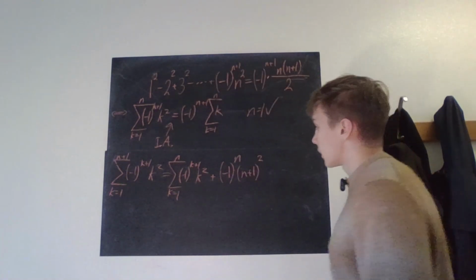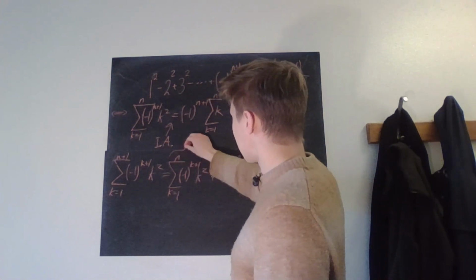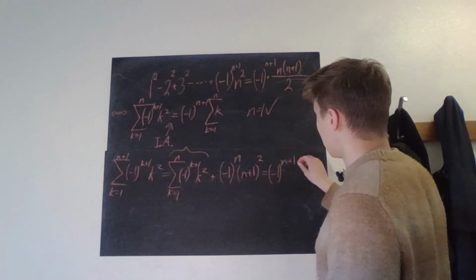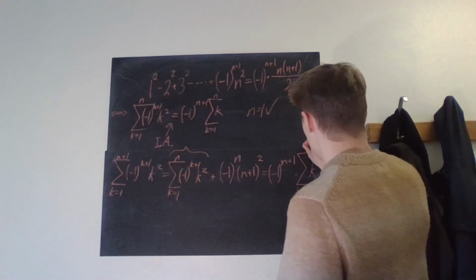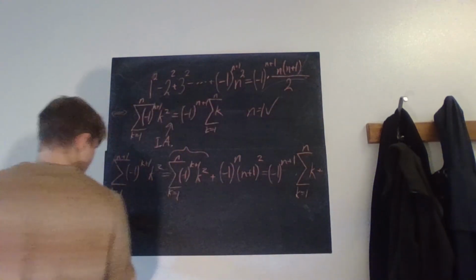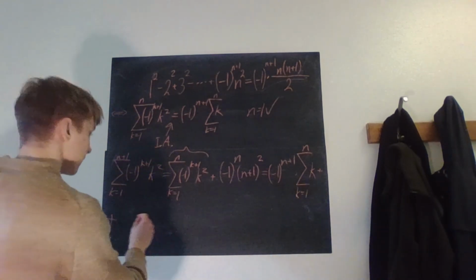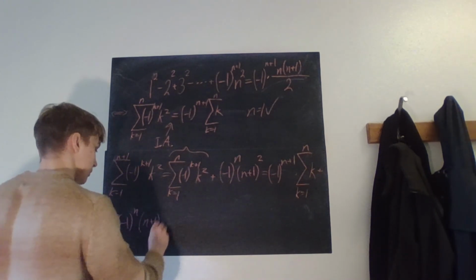Yes, and according to our induction assumption, we can exchange this sum to be minus 1 to the power of n plus 1 times the sum of just k, where k ranges from 1 to n, and then we obviously still have to add that. So yeah, just plus minus 1 to the power of n times n plus 1 squared.